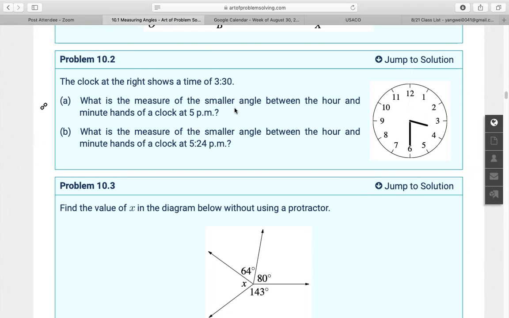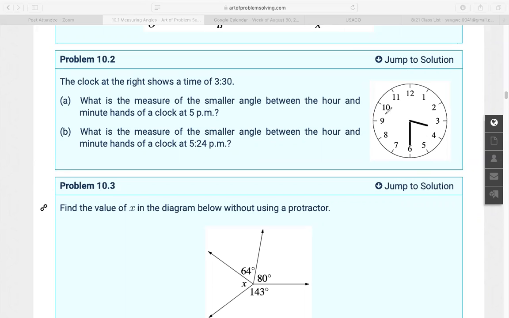What is the measure of the smaller angle between the hour and the minute hands of a clock at 5 p.m.? So they ask you, what is the measure of the smaller angle between the hour and the minute hand of a clock at 5 p.m.?